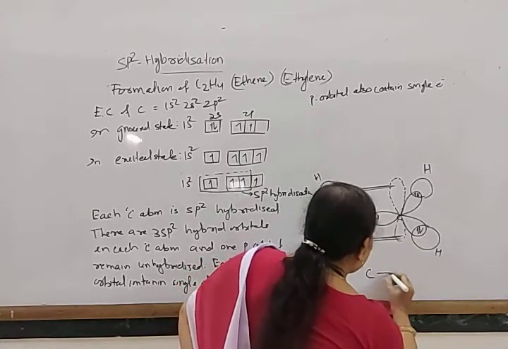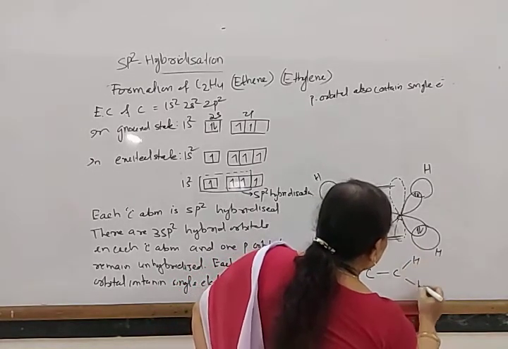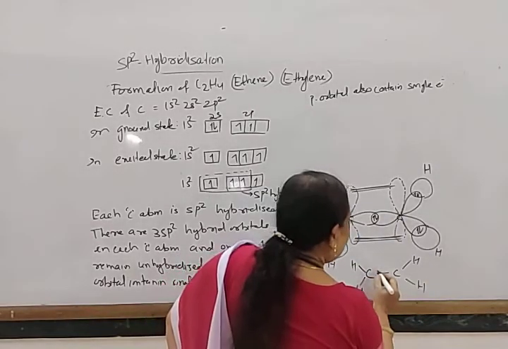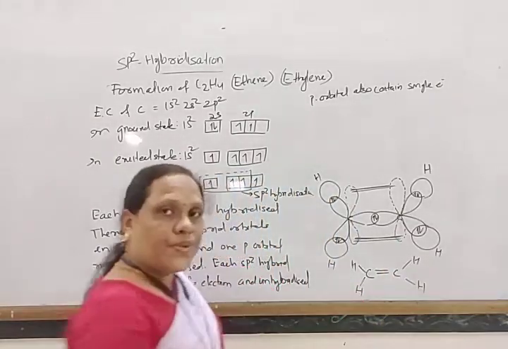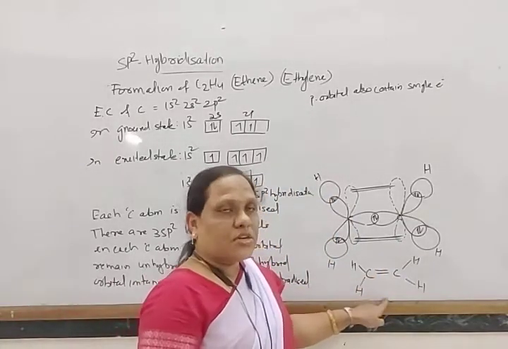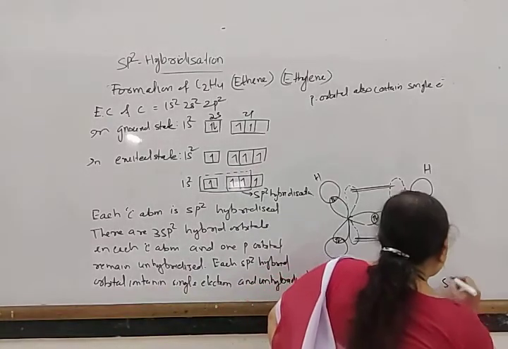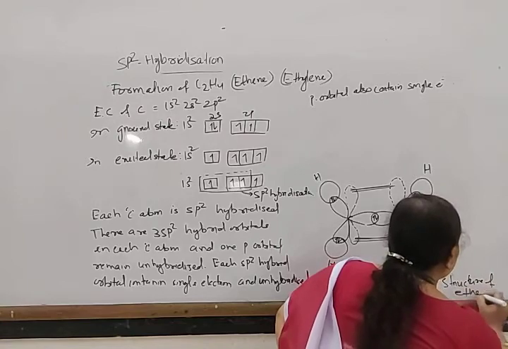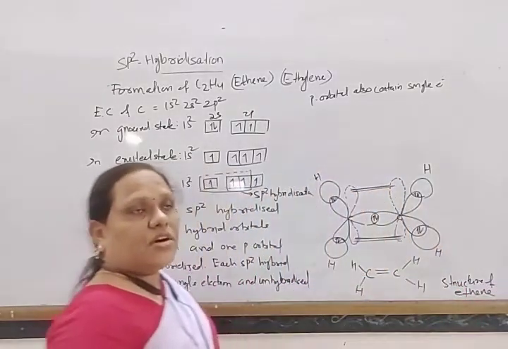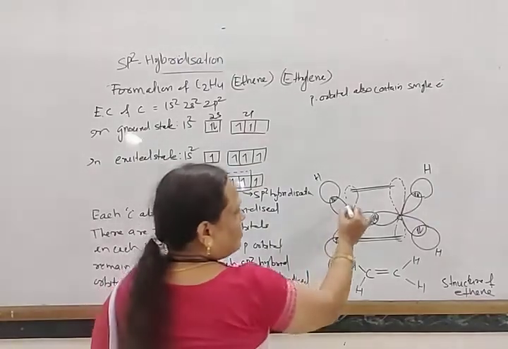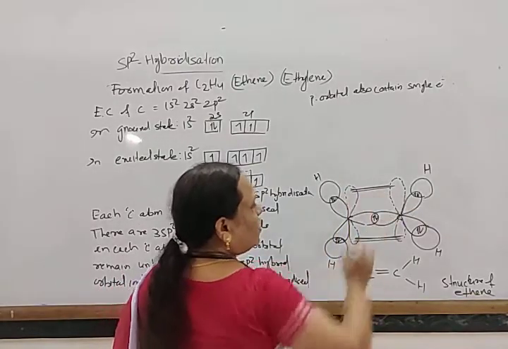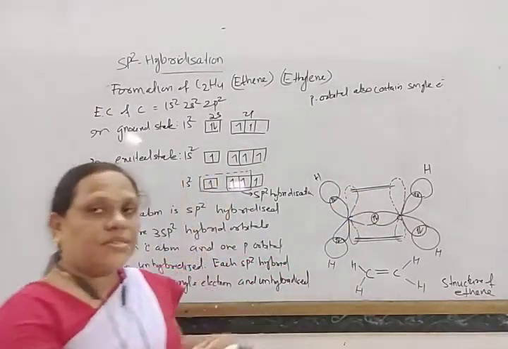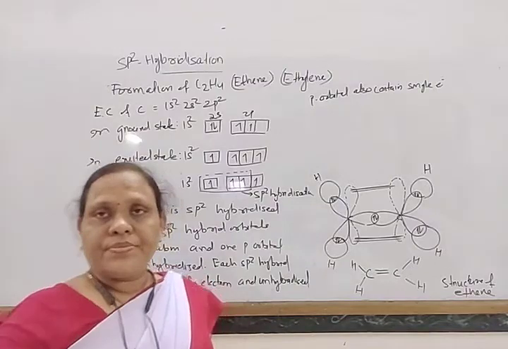In this way, C, with H and H, and there is one pi bond. Okay, so this is the structure of ethene. The dotted lines are the unhybridized p orbitals, which also contain one electron each. In this way, they form the pi bond. Okay.